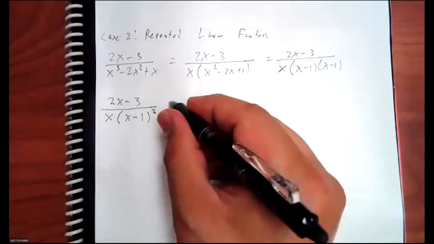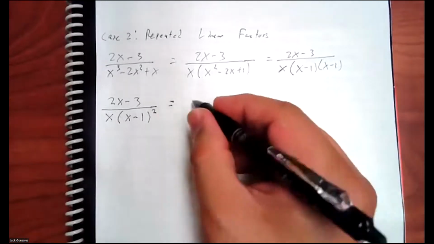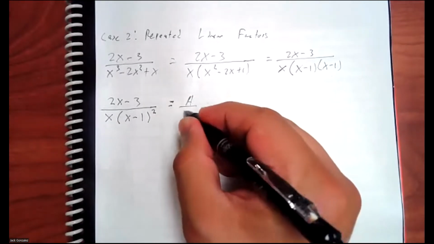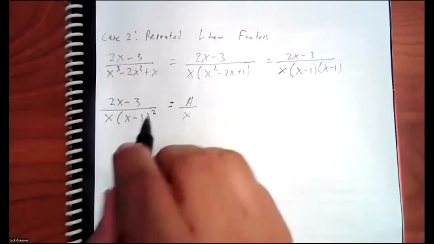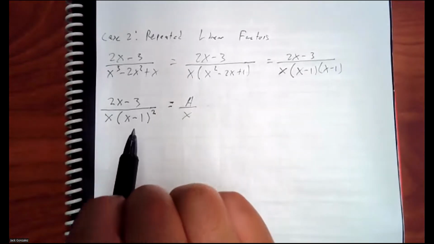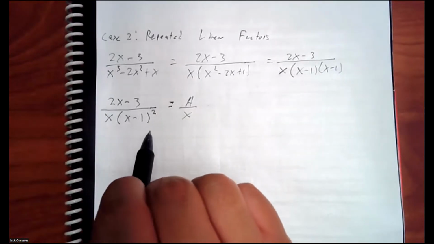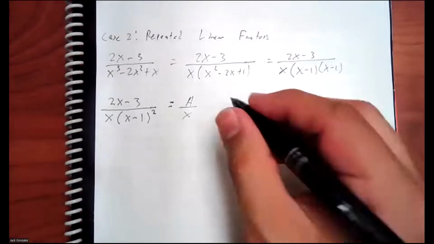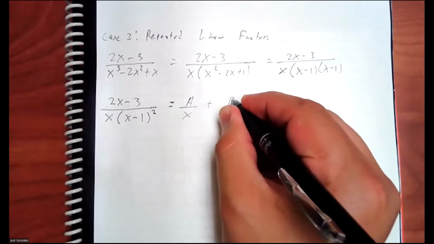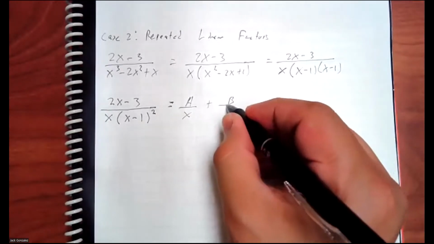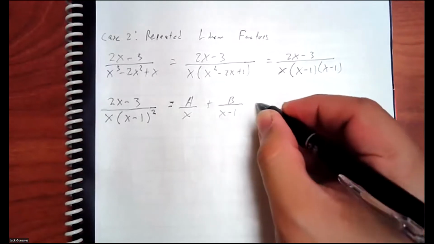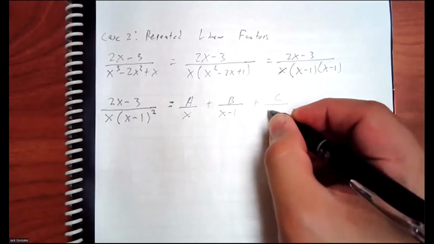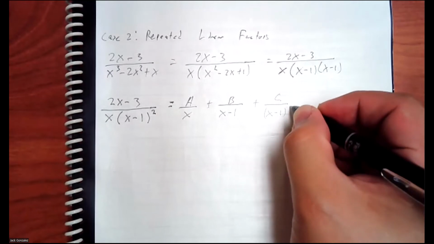Okay, so the first term is just a over the x, right? Then you start with this one, but you count starting at 1, and you go all the way up until whatever number is there. So b over x minus 1 plus c over x minus 1 squared.